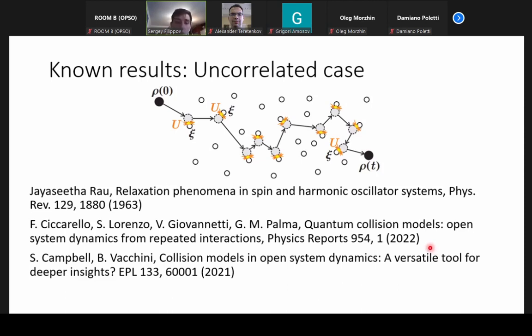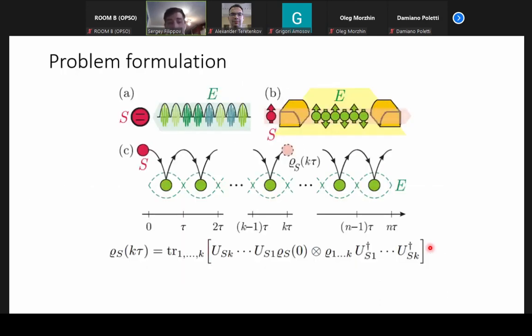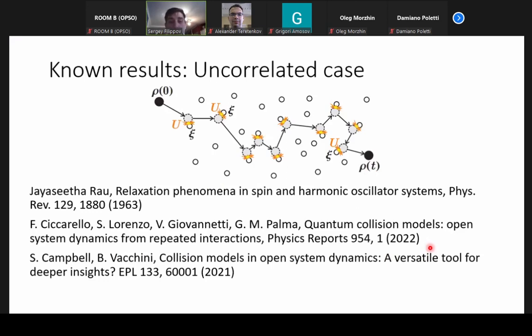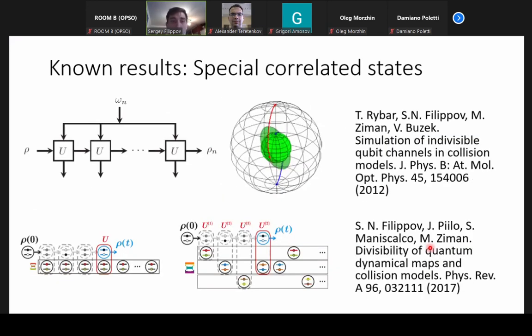And they also mention some approaches involving correlated environment, but this research was rather limited. So only some special correlated states in the environment were considered before.